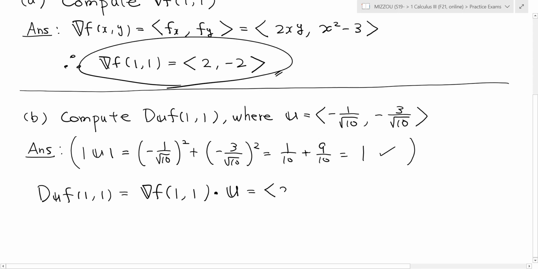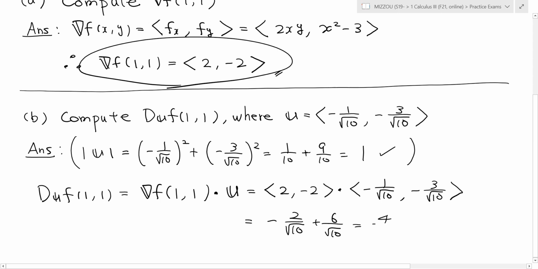So that means 2, negative 2, dot negative 1 over root 10, negative 3 over root 10. If you work this out, you get negative 2 over root 10 plus 6 over root 10, and that gives you 4 over root 10. So that's the answer.